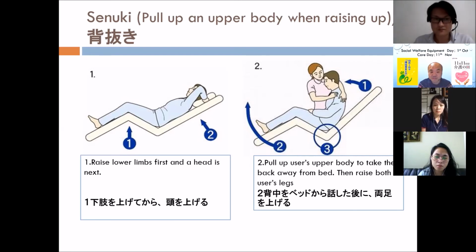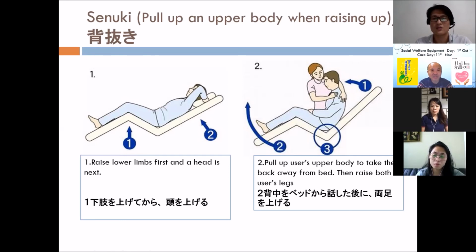Kimura-san, in Japanese nursing homes, can all caregivers do this kind of technique, senuki? Not really. Some professionals know about this importance, and they do.